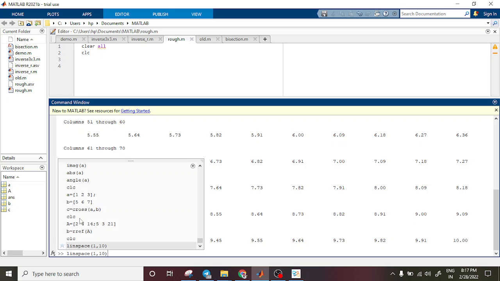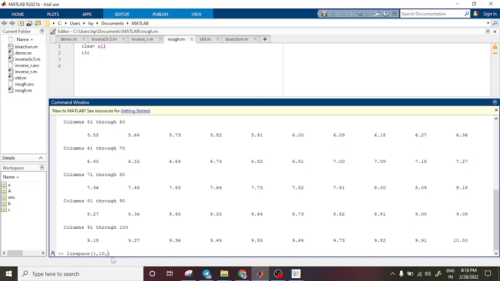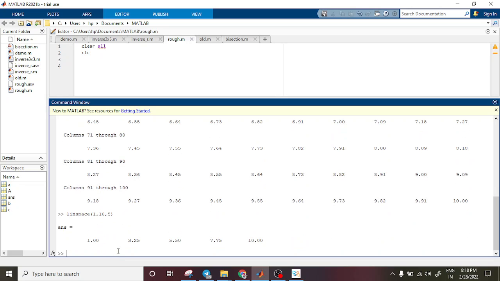If you are not mentioning it, it gives 100, but if you mention linspace with comma 5, it will give only 5 numbers. Now you can see there are 5 numbers from 1 to 10. So 1 to 10 divided into 5 numbers: 1, 3.25, 5.5, then 7.75, then 10, right?